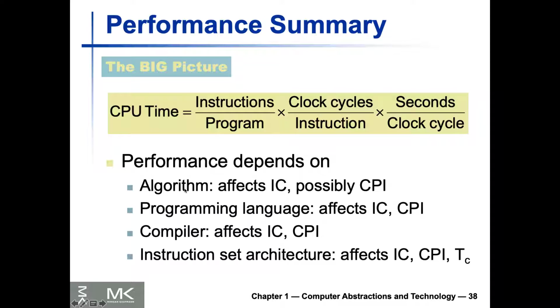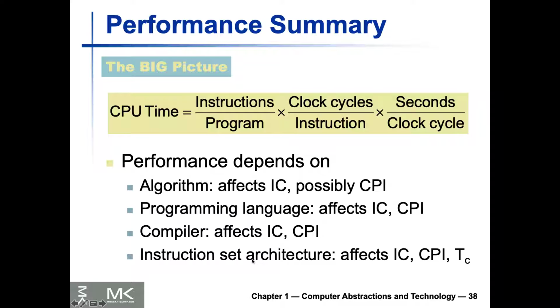So now you see that the performance of a computer depends on many things. Algorithm, because it affects the instruction count, and possibly can affect the CPI. Programming language definitely affects IC, right? Compilers for sure affect IC, depending on how big of a code they're going to generate, how many instructions they're going to generate out of a single, say, print, right?